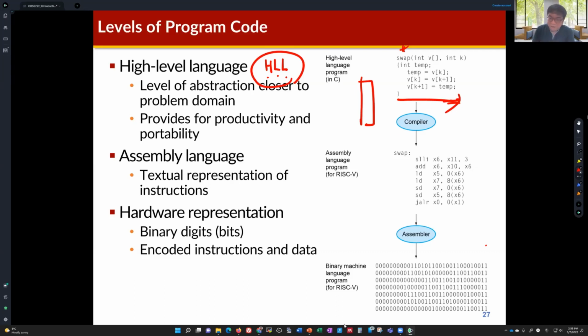And then by the compiler, this high-level code, this programming code, is translated into assembler or assembly language. So this is an example of assembly language code.